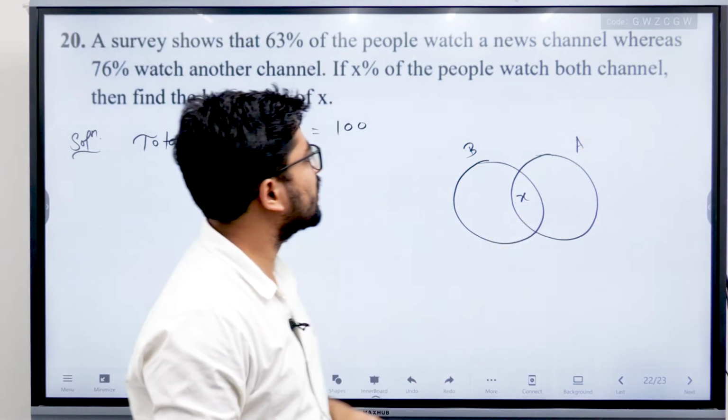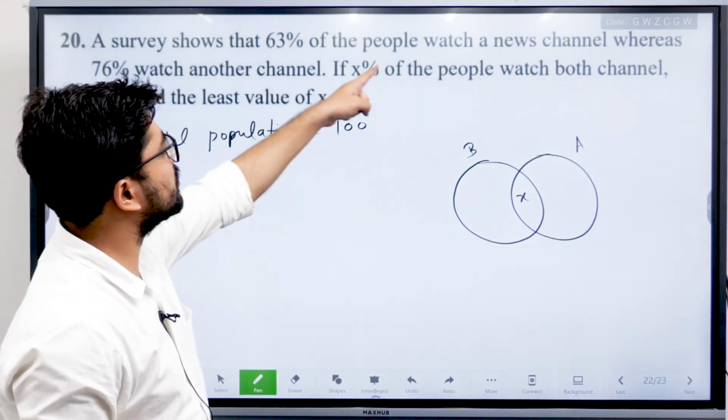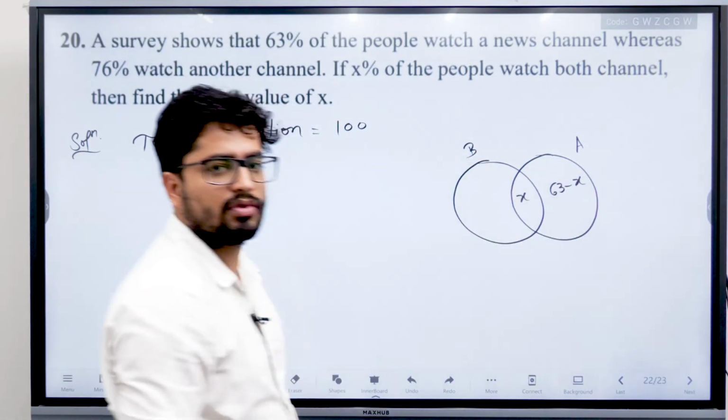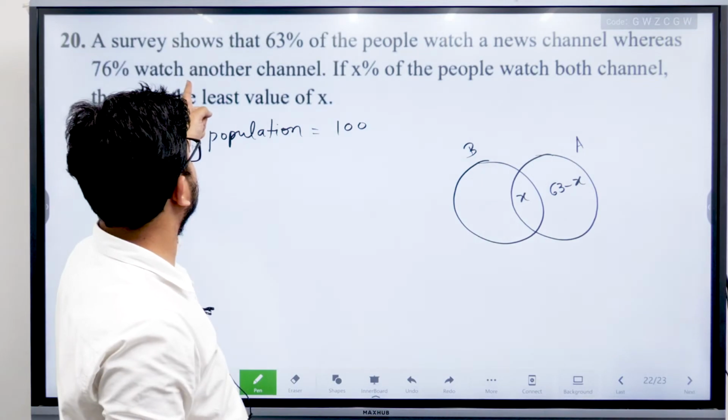A is for the news channel. So 63% of the people watch the news channel, so here we have 63 minus X. Got it? And now 76% watch another channel.